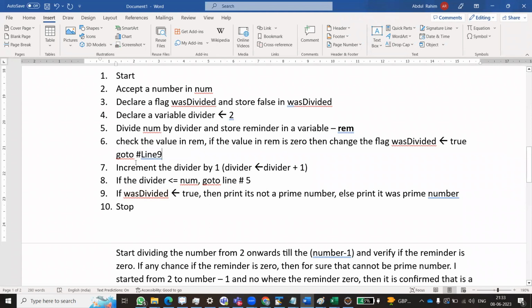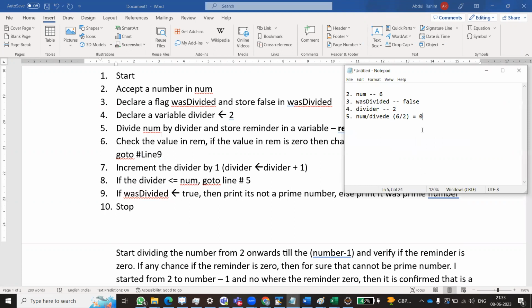Okay. So I have just broken this into 2 separate lines. So what is happening now? Someone help me to frame this. I have divided num by divider and got the remainder.